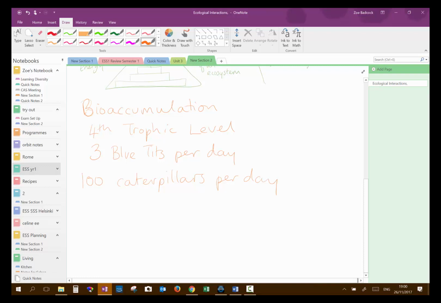And the caterpillars, let's say that they're eating 1,000 leaves per day. I'm not sure that that's right, but we'll give it a go. So we're looking at bioaccumulation, and we're looking at biomagnification.